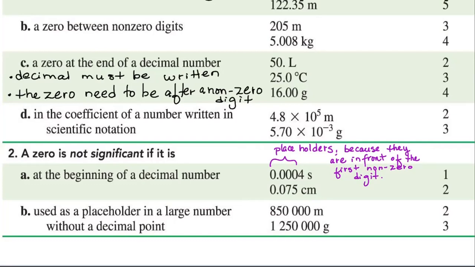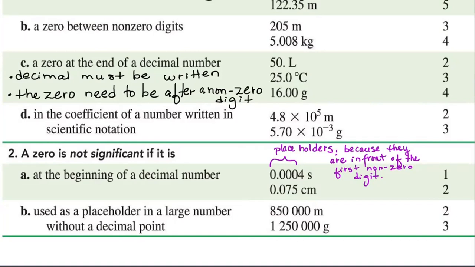In the value 1,250,000 grams, again, 3 sig figs, because those zeros are placeholders for a large number.